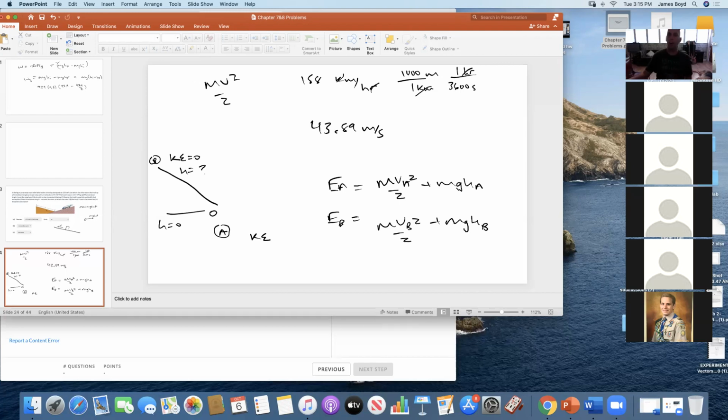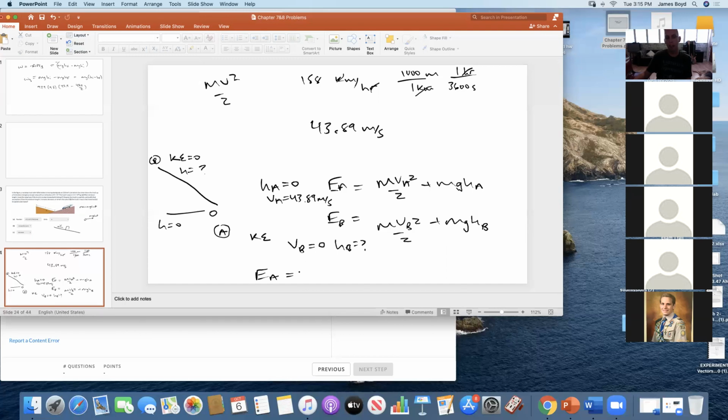That's all you have to write. These two things are equal. HA is 0. VA is 43.89 meters per second. VB is 0. HB, I don't know.